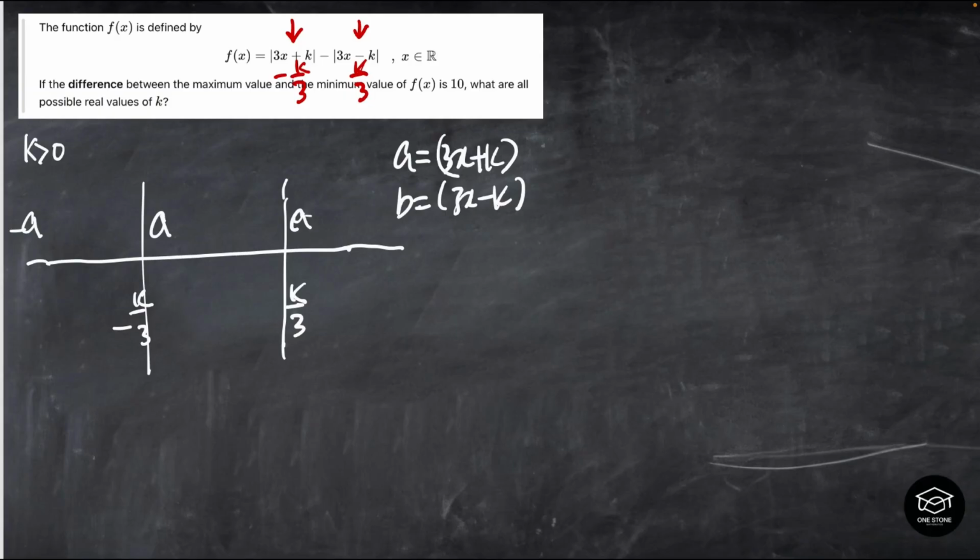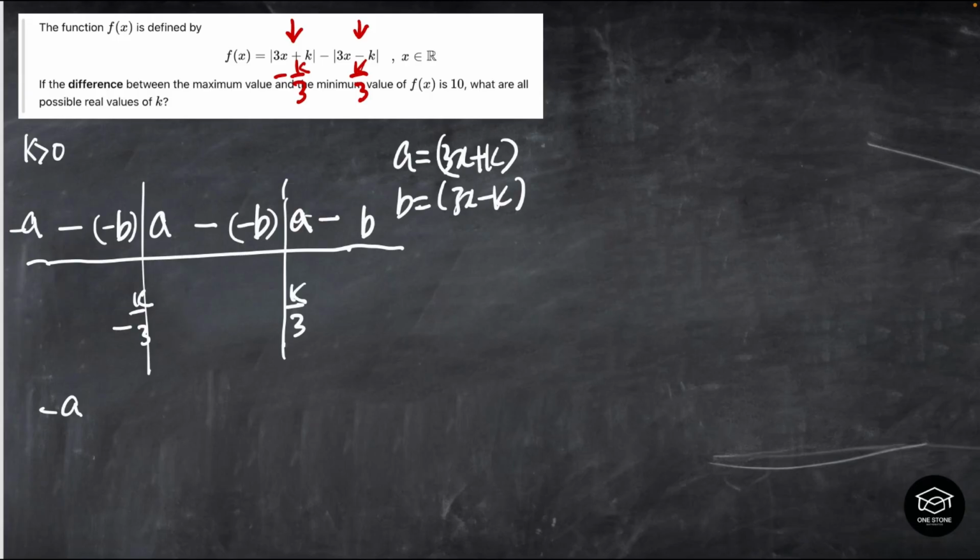For b, when x is less than k over 3, b is negative, so the absolute value of b becomes negative b. When x is greater than k over 3, b is positive, so the absolute value of b is just b. We now analyse the expression, the absolute value of a minus the absolute value of b.